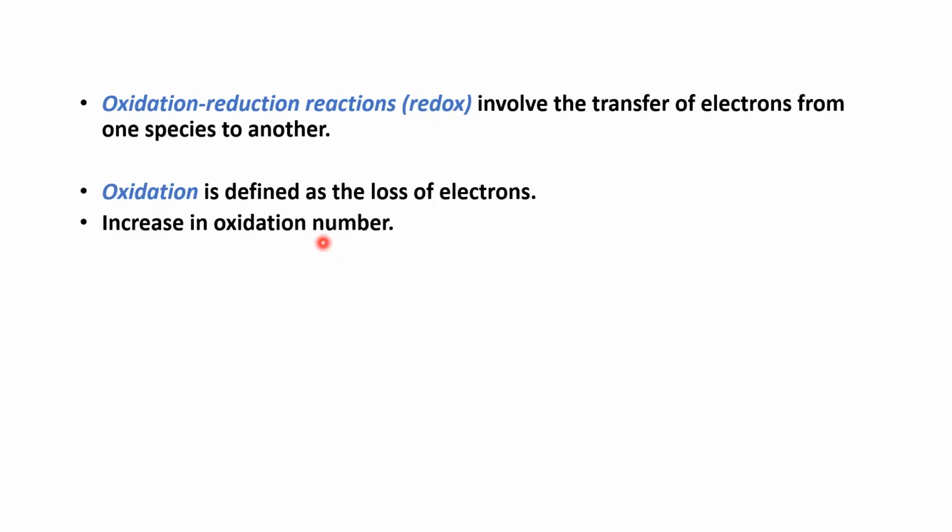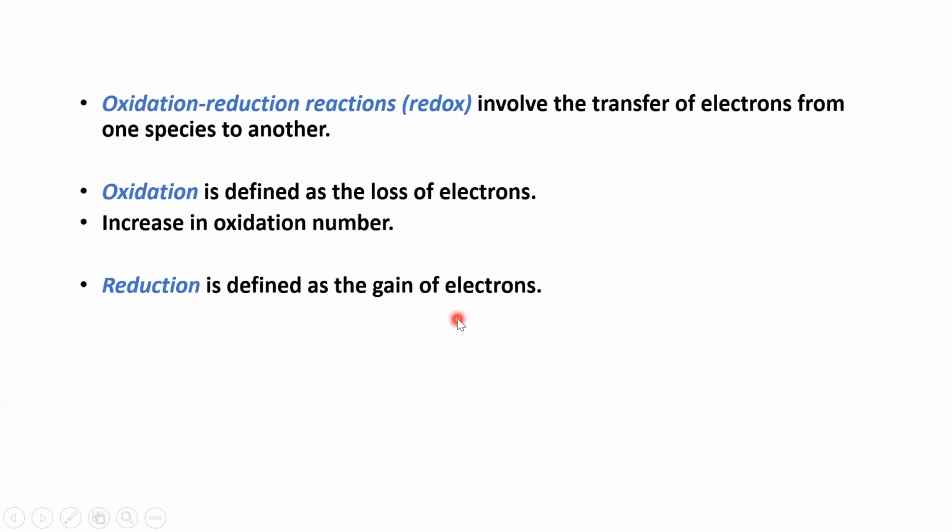So if a species loses an electron, it's going to be left behind with more positive charge. Reduction is defined as the gaining of electrons. If a species gains electrons, and electrons are negatively charged, the reduction is the one where the oxidation number goes down. And another word for decrease or going down is reduction. So it literally is reducing the oxidation number when it gains electrons.